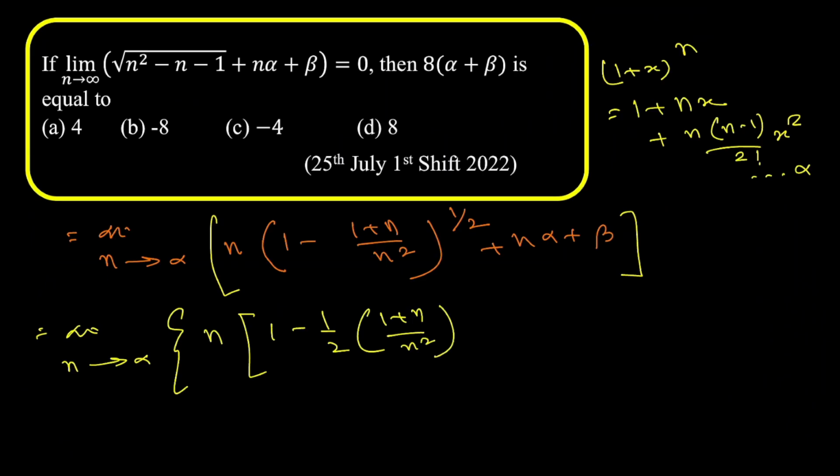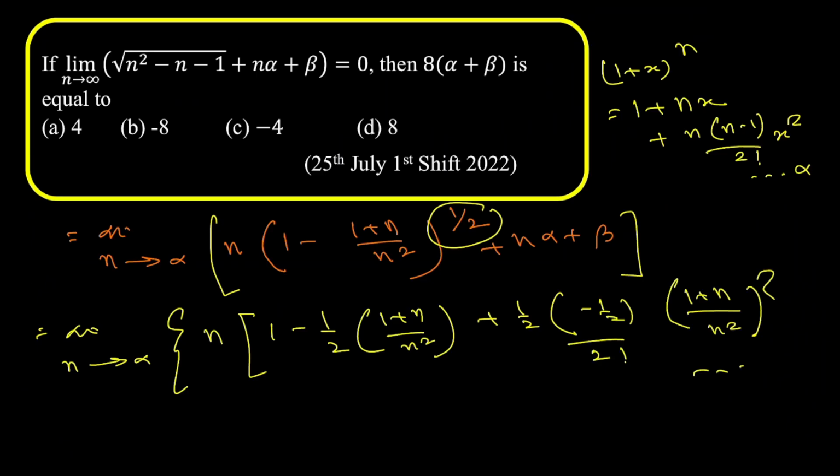Then in this case, plus n into (n minus 1). Remember n is half here, so half minus 1 is minus half. Minus half over 2 factorial, x square, that is (1 plus n by n square) whole square, and the continuation. Plus n alpha plus beta.